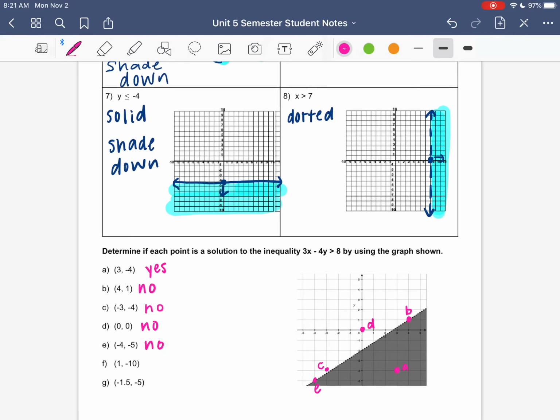Now again, if it was a solid line, we would be allowed to include it. 1, -10 would be somewhere way down here. It's off our graph, but I know that shaded region is going to continue. So that one is going to be one of our solutions. And -1.5, -5 would be right here, which again is in our shaded region. So yes, that is one of our solutions.